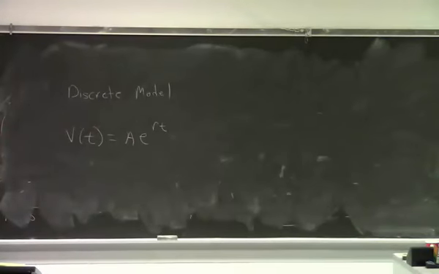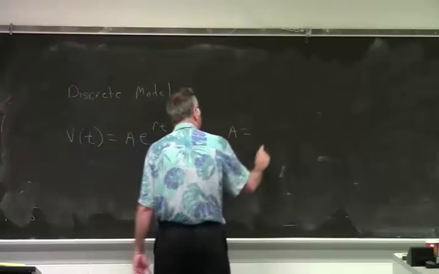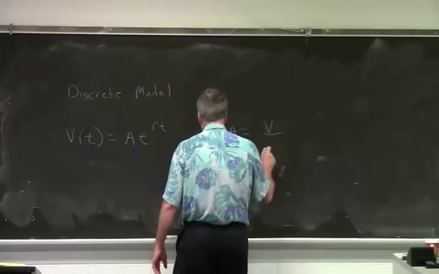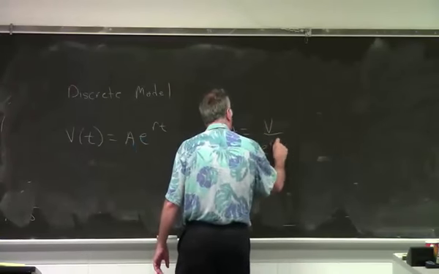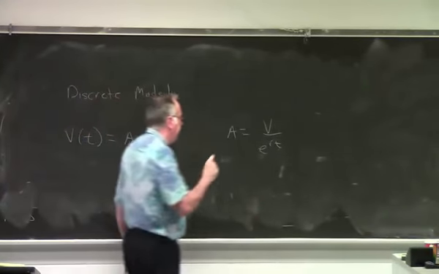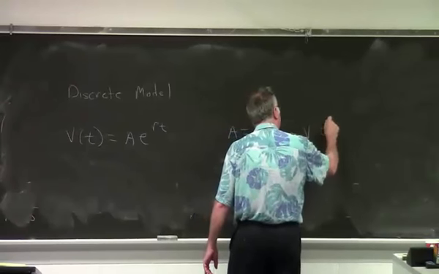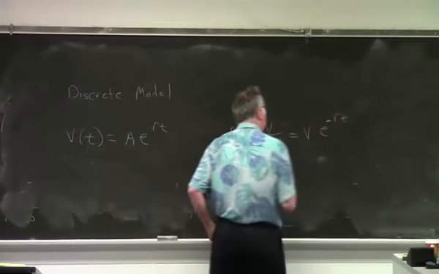The present value, if you solve for A, would just be V divided by e to the rt power, or alternatively, A equals V times e to the minus rt power.